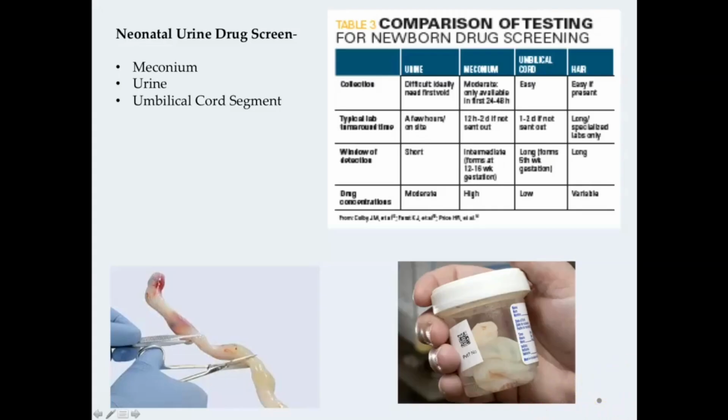If the newborn tests positive, then social work would get involved and they would make a report to DCS, and DCS would determine whether they're going to come out and talk with the parents or do a home screen to see if the baby is appropriate to be discharged to the mother or to another family member if the mother is not able to take the newborn or deemed appropriate to care safely for the newborn once they're discharged.